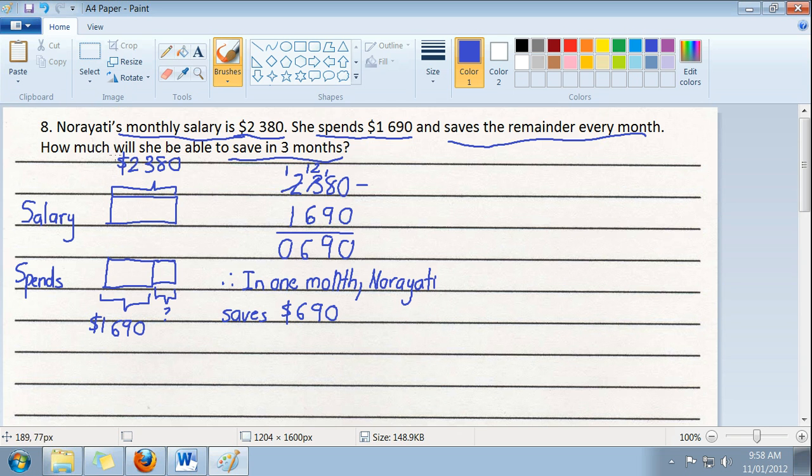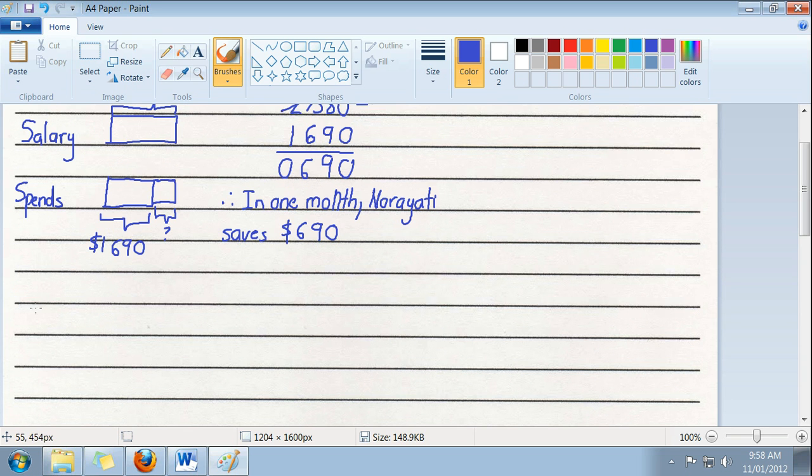Alright, but let's go back to the question. The question is, how much will she be able to save in 3 months? So, let's go down. 1 month, Norayati saves 690. Okay, what about 3 months?